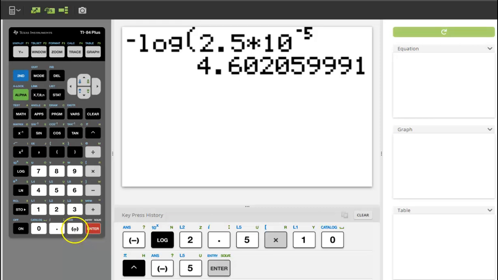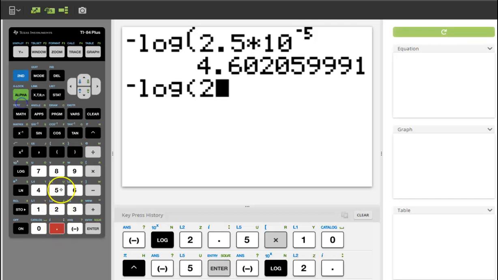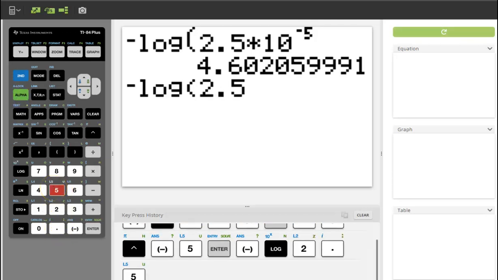I could do the same thing as negative log of 2.5. And notice the comma button above the 7. And in blue, there is an EE, a double E. That's an abbreviation for an exponential thing. Basically, that is for scientific notation.